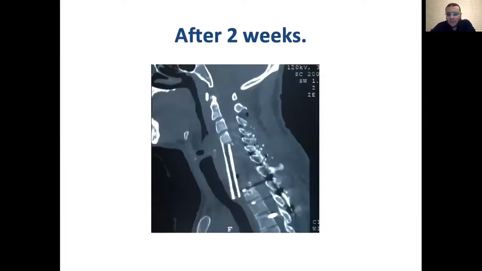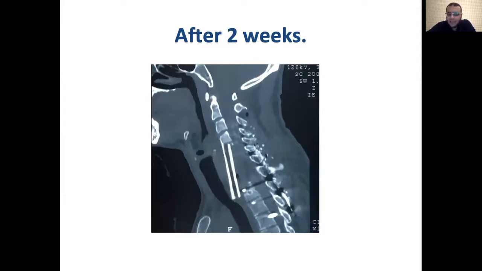After 2 weeks, what was expected: this patient had the fibula getting out again. So this is the third mistake I did in this case: I said there is a heavy infection, so I'm not going to put any metal on the front. I just put the oversized fibula and did a posterior fixation going down to the thoracic spine and going above in the cervical spine.